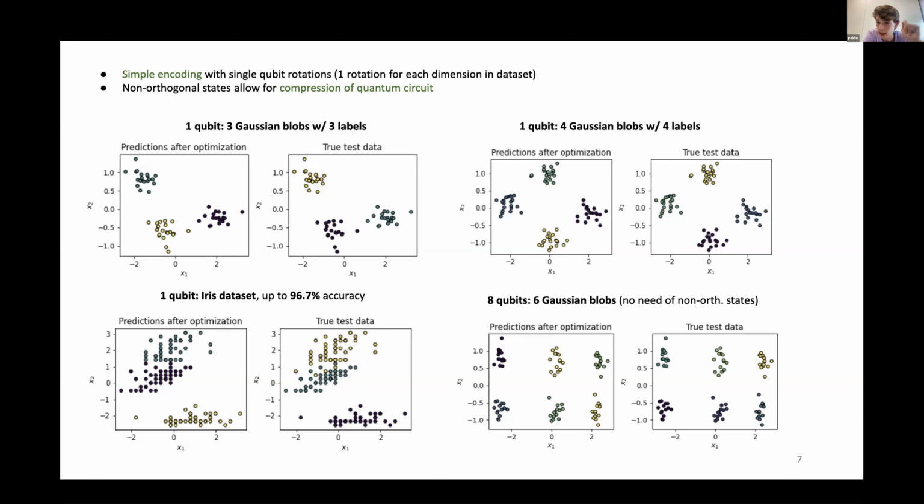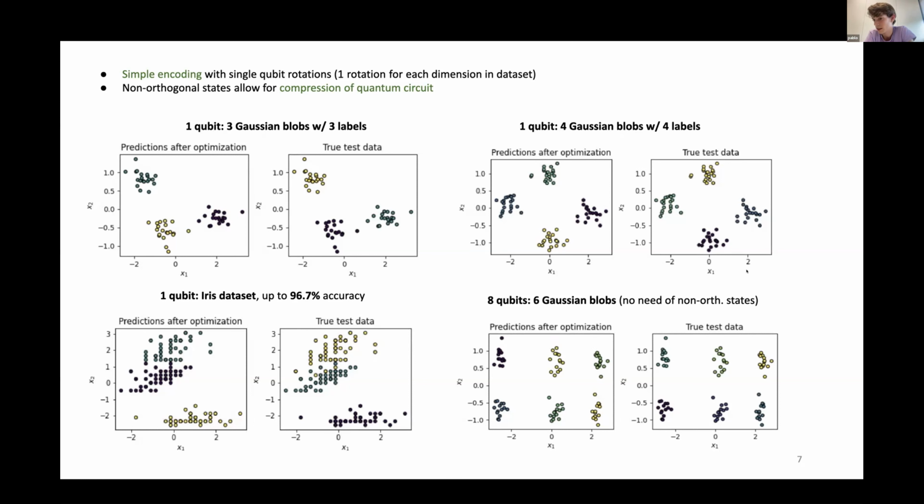The algorithm is able to catch the proper number of labels itself. Here it should catch 6 families, because those are the original ones, and using 8 qubits, with no need to anticipate the number of labels, it clusters the whole data set with 100% efficiency, which is kind of cool.